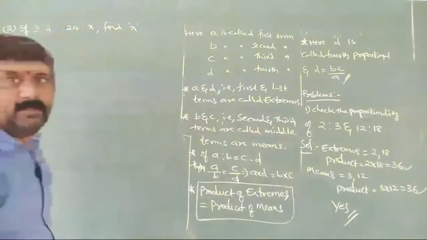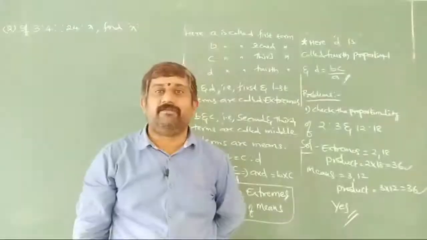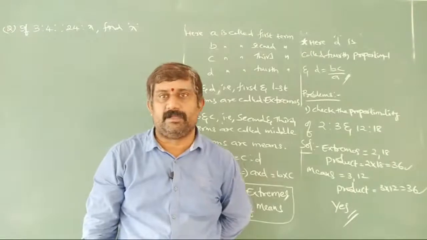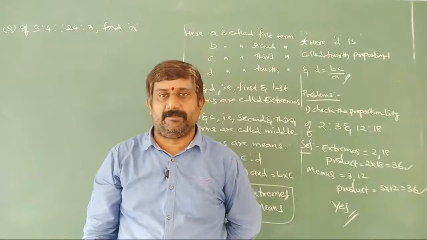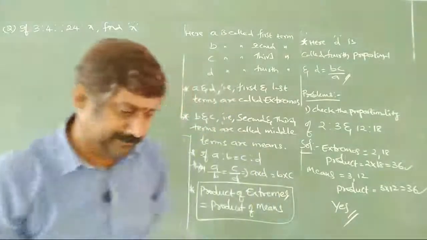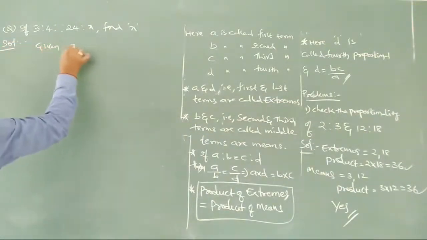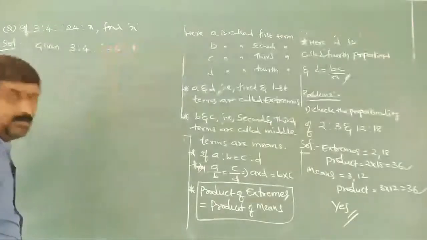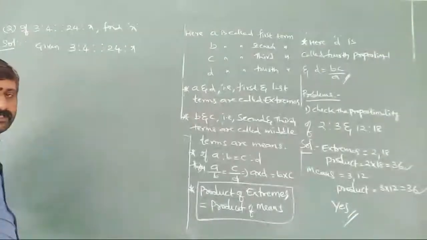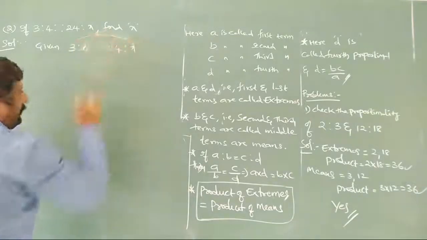What is given? 3:4 is proportionate to 24:x. We need to find the value of x. We know product of extremes is equals to product of means. What are extremes? 3 and x are extremes.